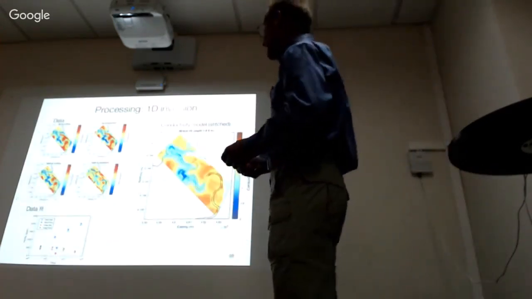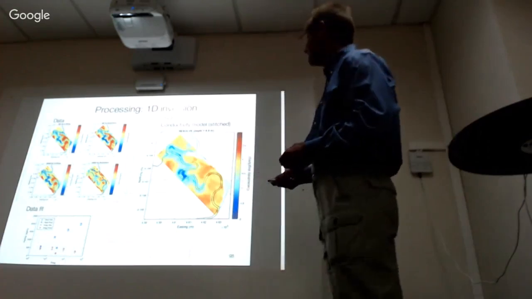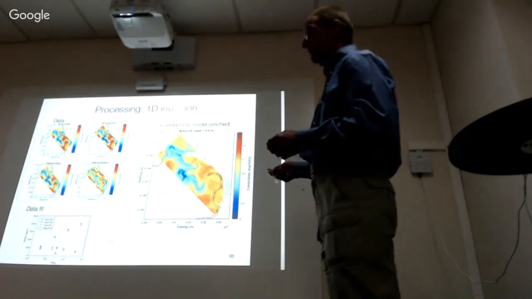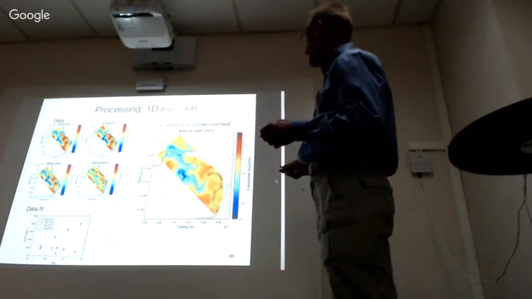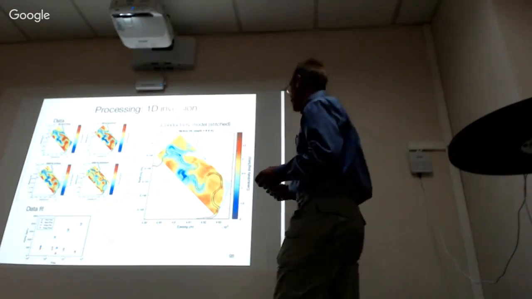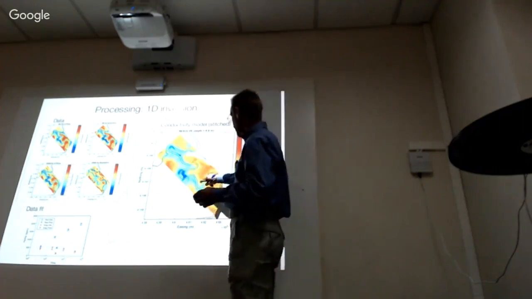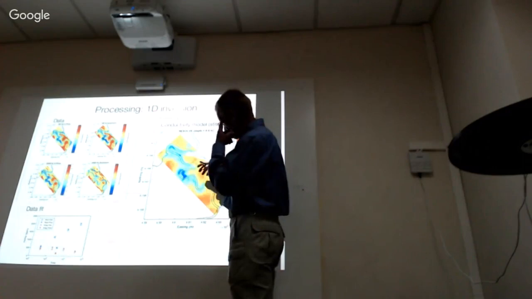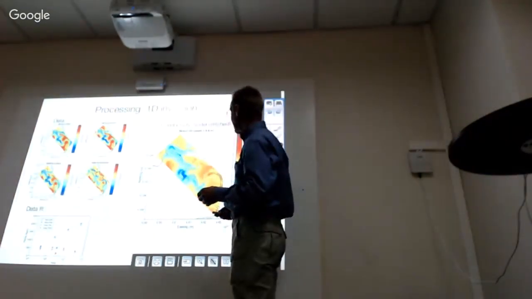So now we're going to take those data and invert them, and we'll do a 1D inversion with some kind of quasi-static implementation here, so that we keep things fairly smooth.